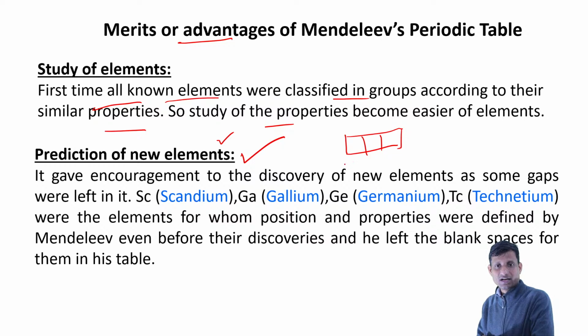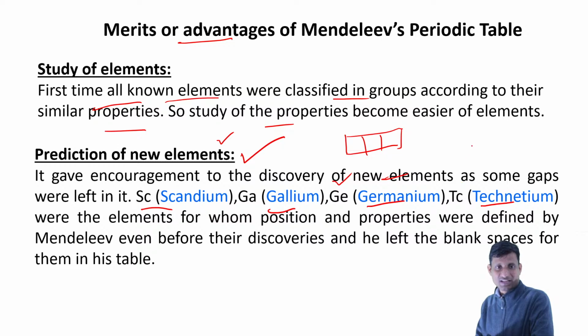According to that, he expected that some elements were missing, so he left space in the table and gave them names, and later we discovered these elements: scandium, gallium, germanium, and technetium.